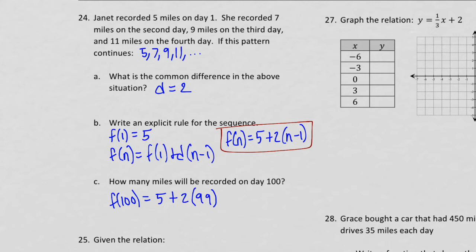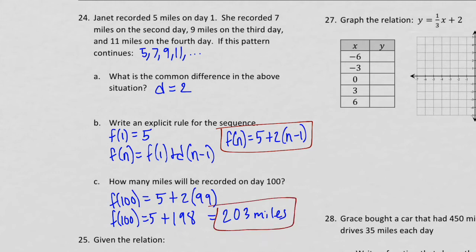So f of 100 equals 5 plus 2 times 99, that's 198. So 198 plus 5 is equal to 203 miles. That's how many would be recorded on day 100.